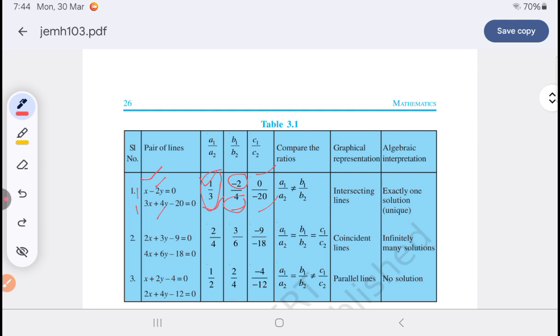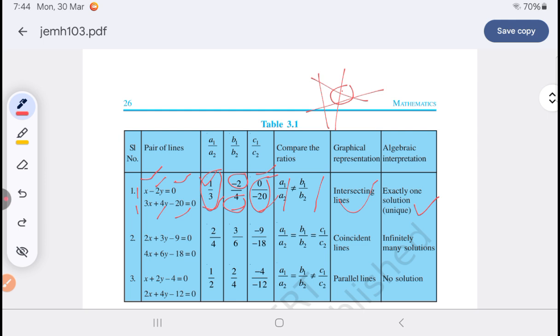Then c1 is 0 and c2 is minus 20. Here a1 by a2 and b1 by b2 are not equal. Not equal means these lines are intersecting. So the graphical representation is that these two lines intersect at a point. That means this pair of equations has exactly one solution, a unique solution.